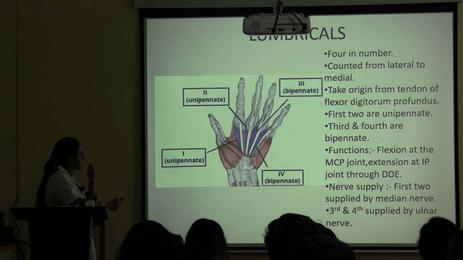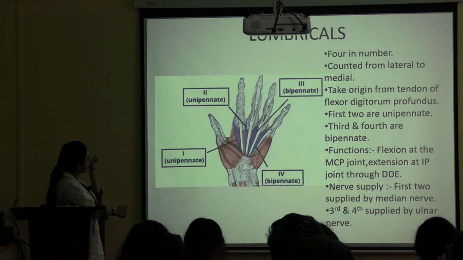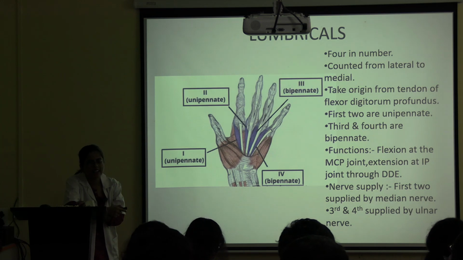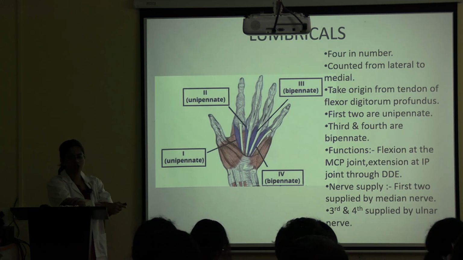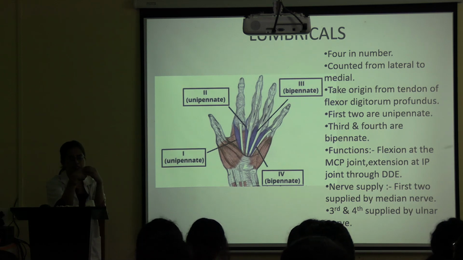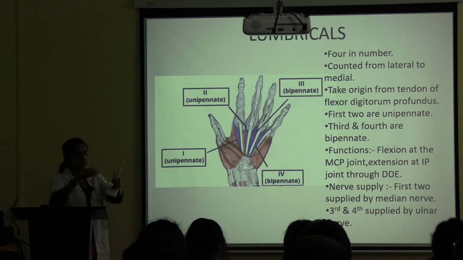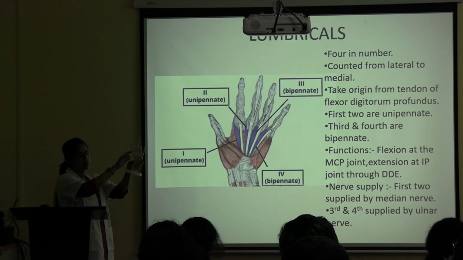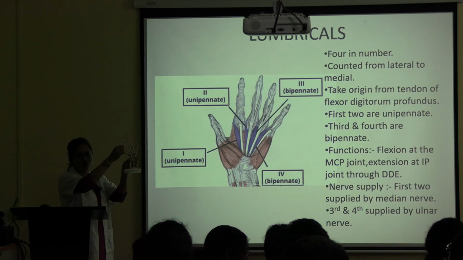And what is the function of these lumbricals? Flexion at the metacarpophalangeal joint and extension at the interphalangeal joint. This is the metacarpophalangeal joint, and these are the interphalangeal joints. So, flexion at this joint and extension at these joints.